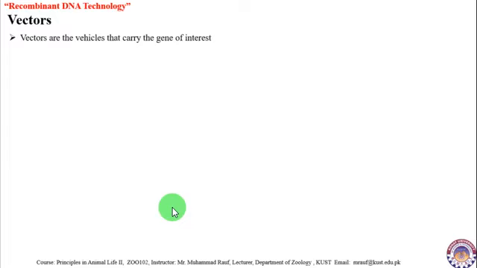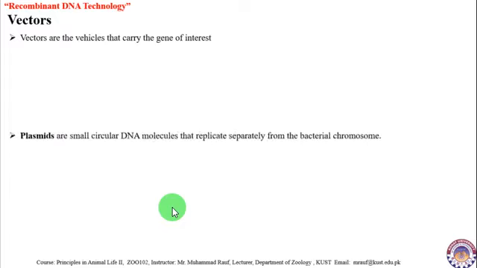Vectors are the vehicles that carry the gene of interest into an organism. Vectors can be physical, they can be chemical, they can be biological. Here we have already discussed a biological vector, that is plasmid.